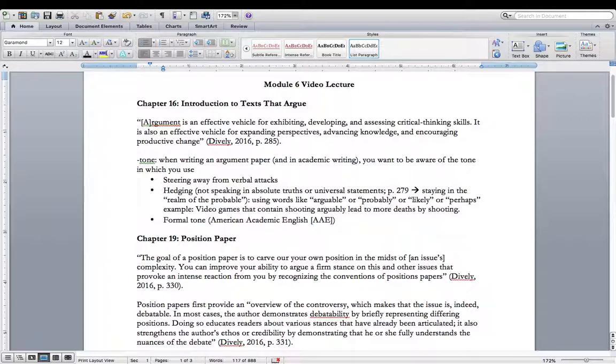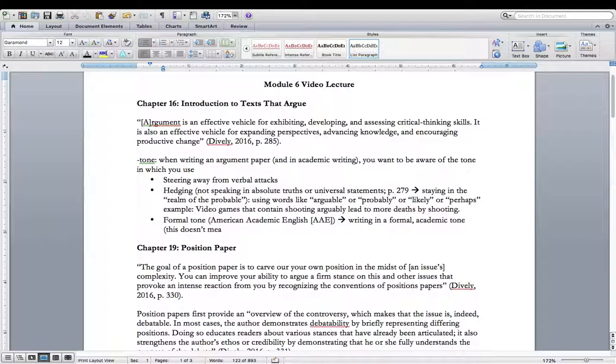which is American Academic English. And that's where we want to write in a formal academic tone. This doesn't mean using big fancy words.